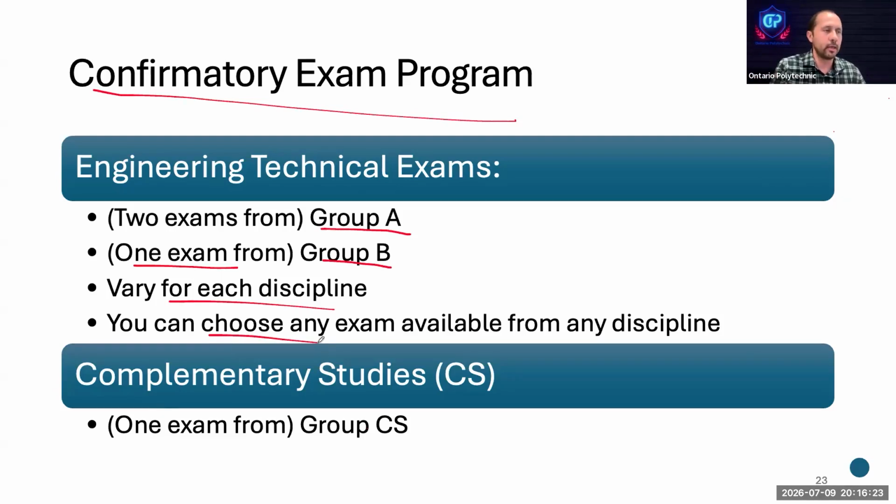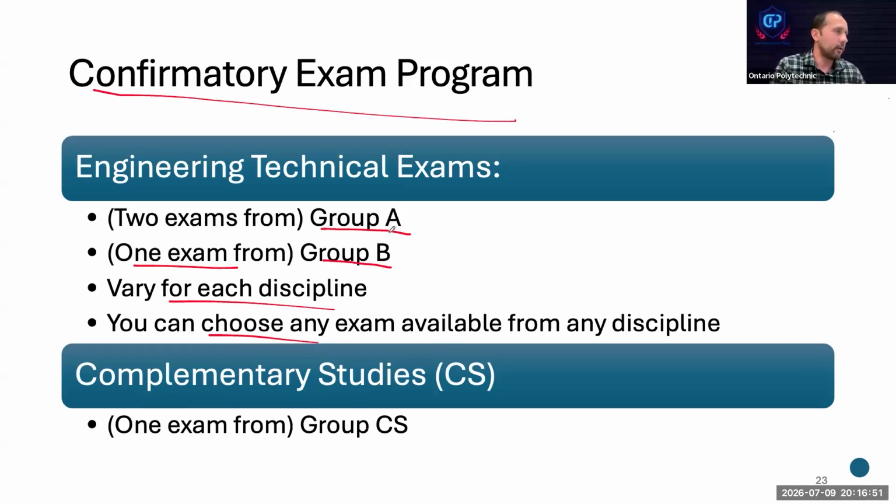There are some applicants with a mechanical engineering degree, but they have been working on construction sites for many years, so they are more confident taking a civil engineering exam. That's totally okay. It doesn't matter what you graduated from or what kind of industry you are working in. You can register for any exam from any discipline that is available to you.